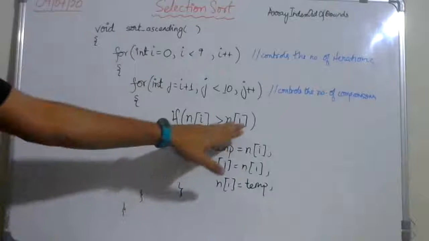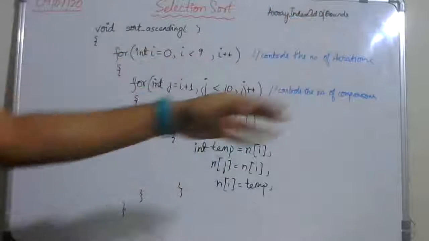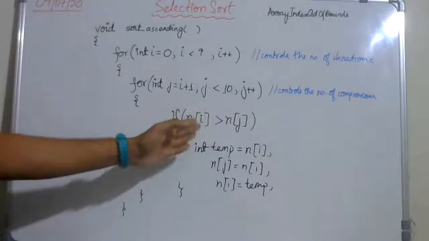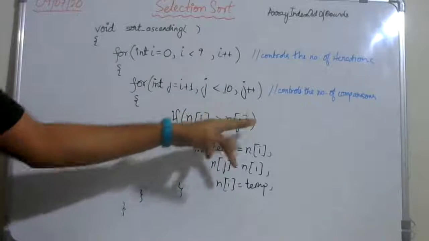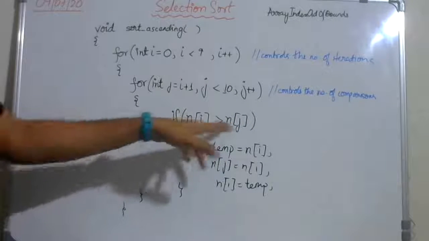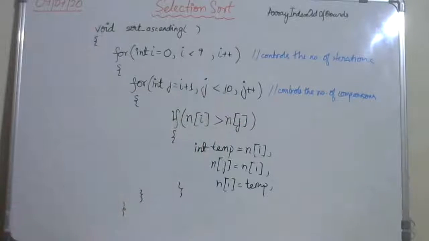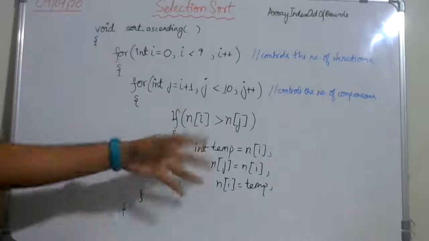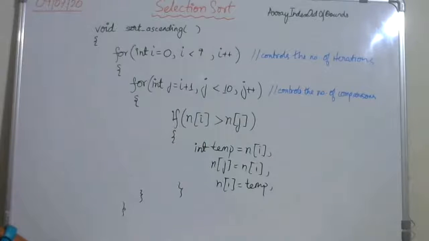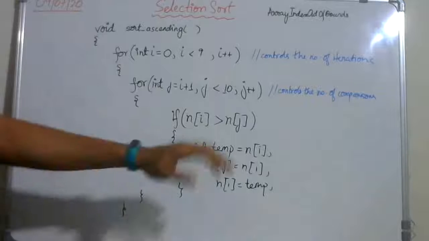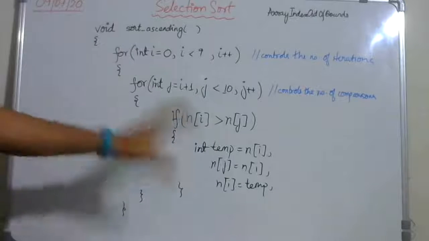So j represents all the positions after the ith position. We compare n of I to all the positions after the ith position. Whenever we find that the ith position is greater than the next positions that come after it, we just do a swapping. Since we are arranging in ascending order, the smaller element must come before. So we are doing this swapping.